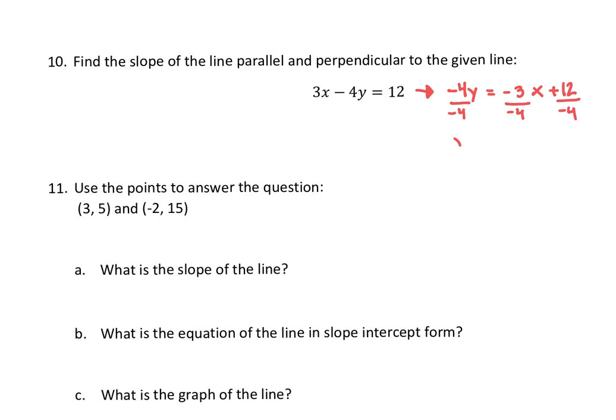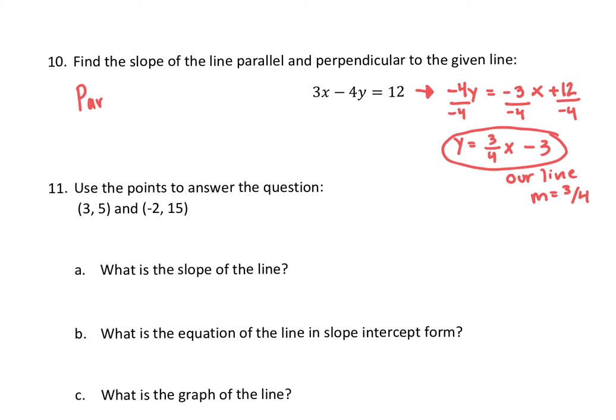So we end up with y equals negative 3 over negative 4 is 3/4 x, and 12 divided by negative 4 is negative 3. So here is our line. The slope of the given line is 3/4. We need that information to find the parallel and perpendicular lines.